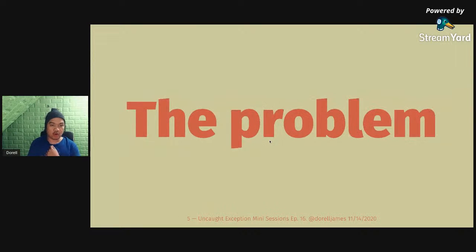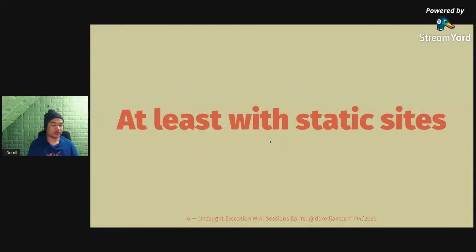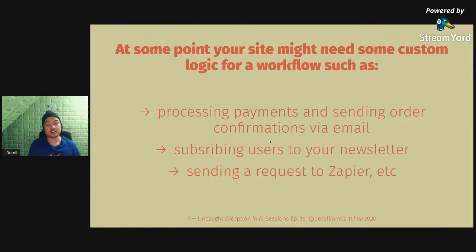So the problem was, at least in static sites, that at some point you will have to define custom logic on your website. Examples of this are processing payments and sending confirmation emails for the order that was created, subscribing users to your newsletter, or maybe doing some automation with Zapier.